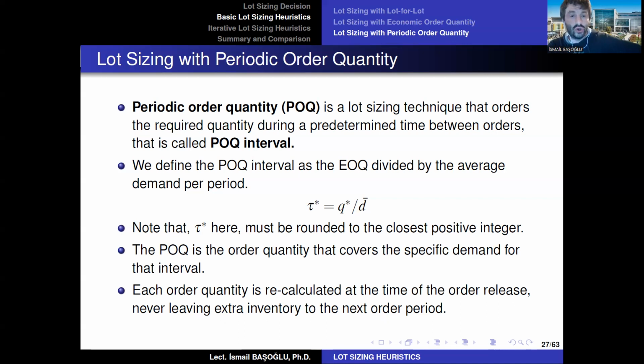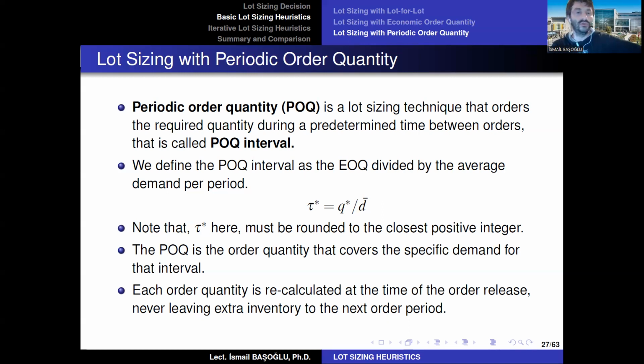So that is going to be an integer. Let's just say 4. This means if the periodic order quantity interval is equal to 4, whenever we have a net requirement or whenever we need to plan an order receipt, we are going to consider the net requirement of that period and the demands of the following 3 periods.